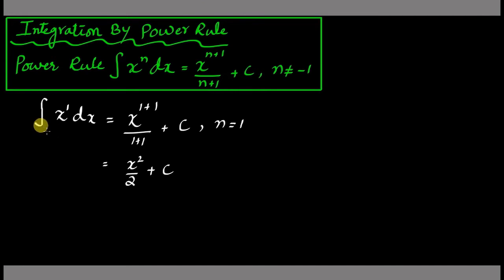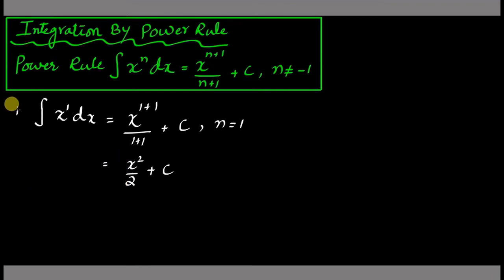Let's start with some examples. Here you can see we take n equal to 1 and apply the power rule. We have x raised to power 1 plus 1 over 1 plus 1, plus c. In this case we choose n equal to 1, so the final answer will be x squared by 2.